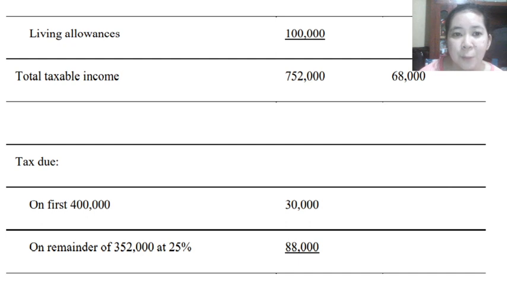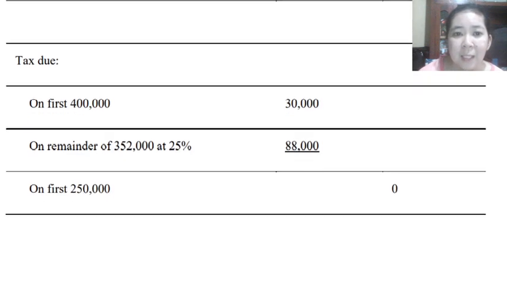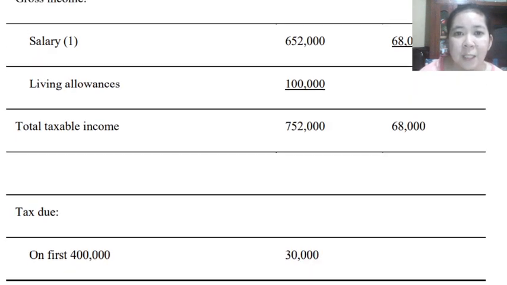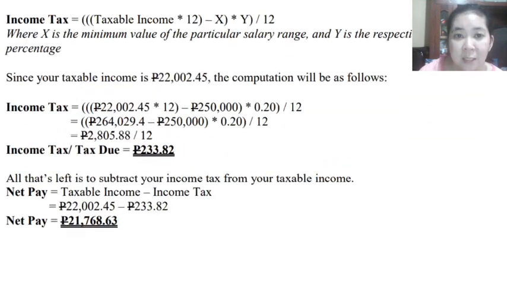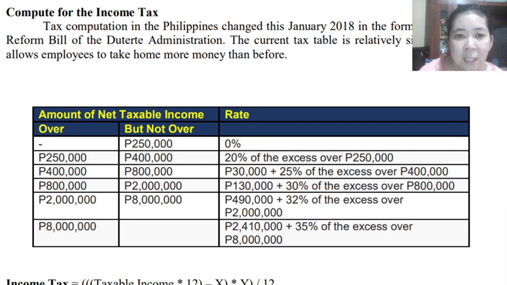For the tax due, for the husband, since his salary is 752,000, let us look at our table. He falls under the third column, third row, that is salary range of 400,000 to 800,000.